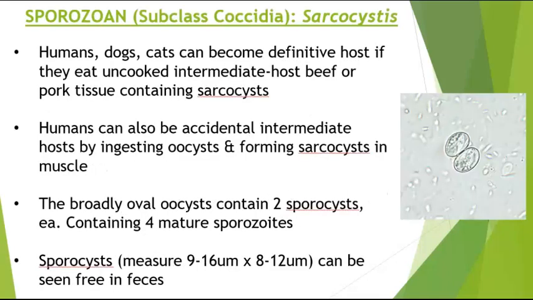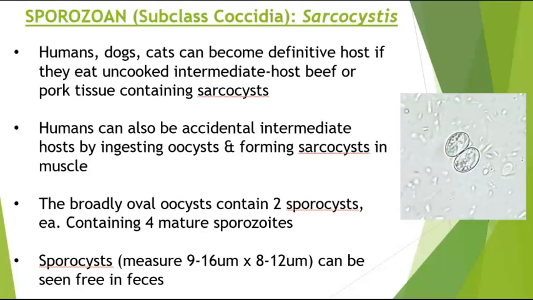The next sporozoan in the subclass Coccidia is Sarcocystis. Humans, dogs, cats can become definitive hosts if they eat undercooked or raw meat. The host is usually beef or pork containing sarcocysts.